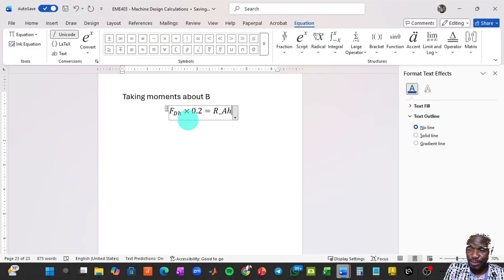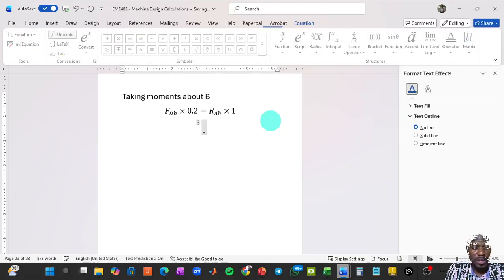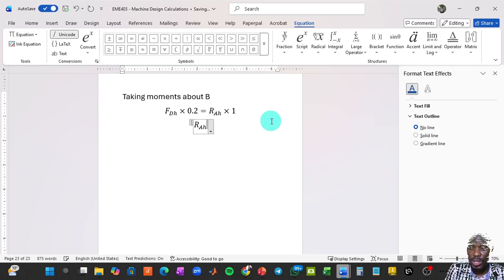The reaction force at point A in the horizontal direction times the distance in meters to point B, which is 1. Okay. So again, we can easily find what RAH is, because RAH times 1 is RAH.